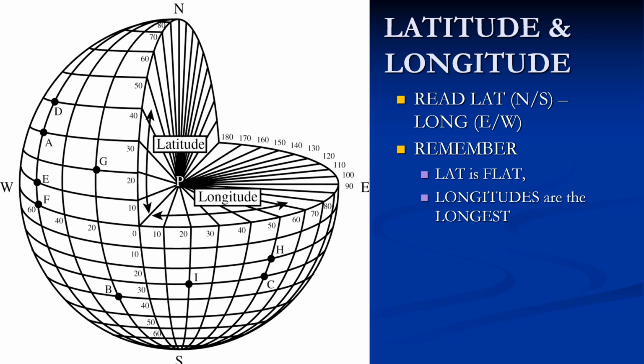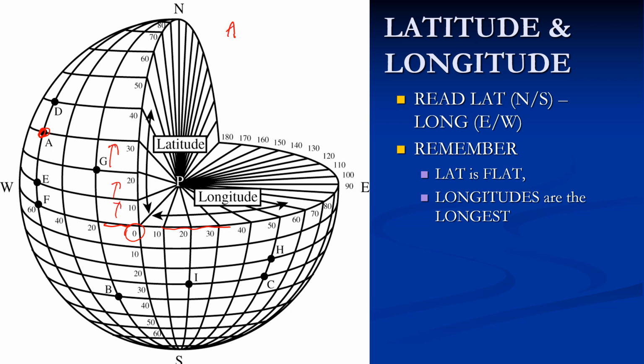So if I want to have a read of a few of these coordinates, let's look at position A first of all. I need to read how far north of the equator it is. So here's my equator, and my equator runs along this line here, and I'm going up 10, 20, 30.